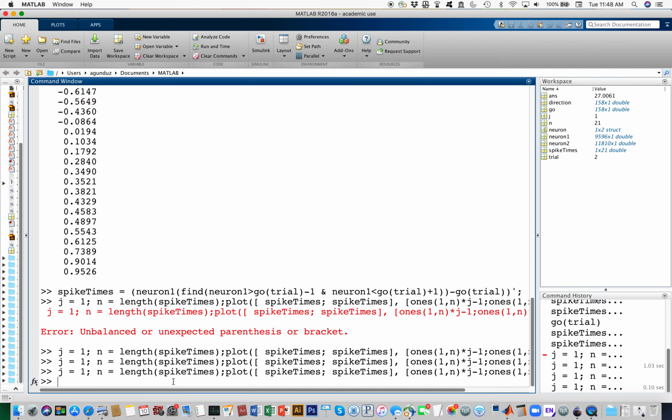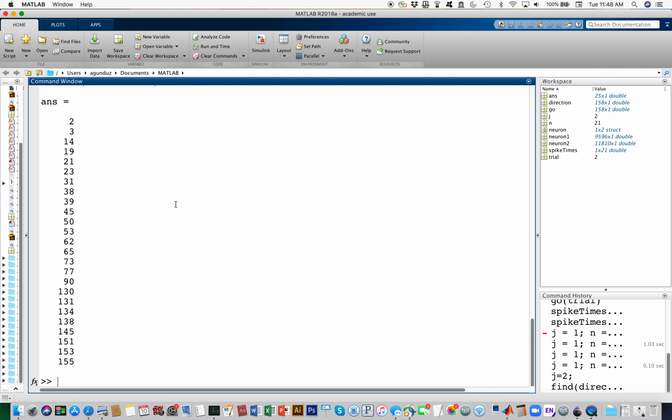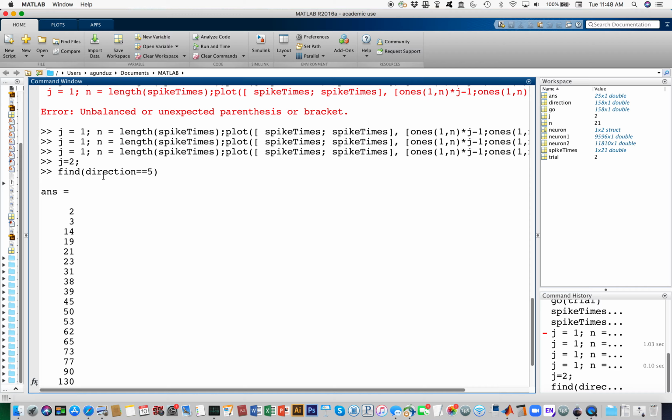So what are we then interested in? Our j is going to be 2 now, because we're moving on to the second trial in our chosen direction, which was 5. So now I have to go to direction and find direction equal 5. Okay, so these are all the times that direction was 5.